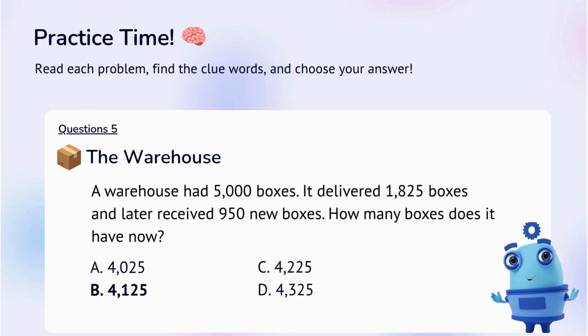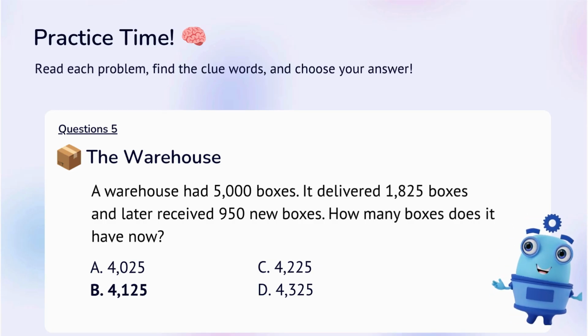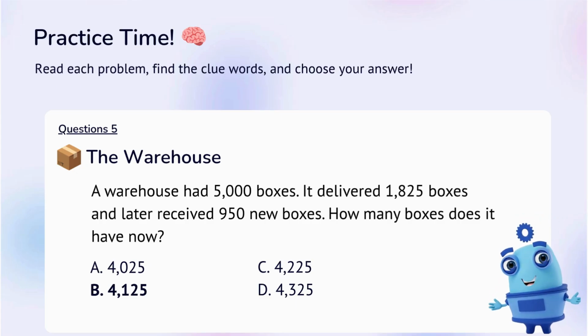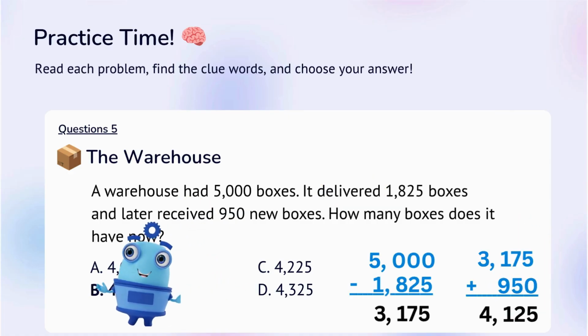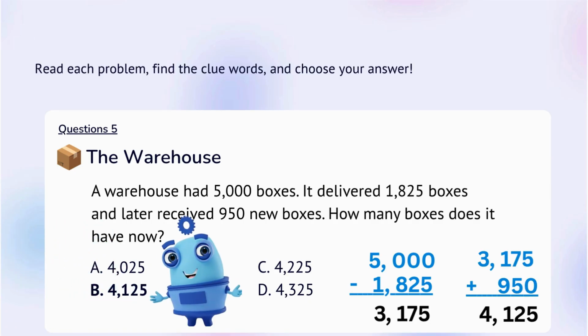Here's the last question, number 5. A warehouse had 5,000 boxes. It delivered 1,825 boxes and later received 950 new boxes. How many boxes does it have now? Think about the clue words. Delivered means subtract, and received means add. Start with 5,000. 5,000 minus 1,825 equals 3,175.